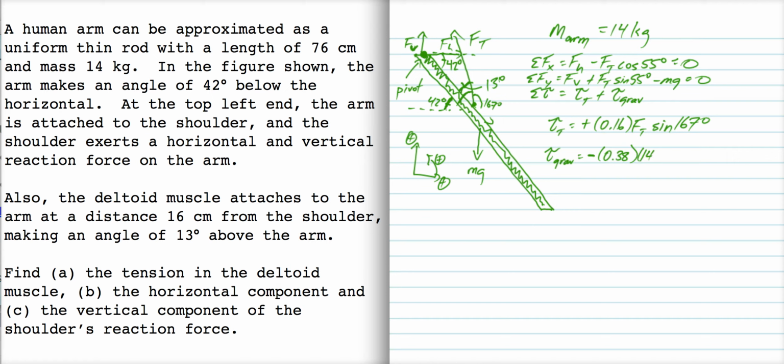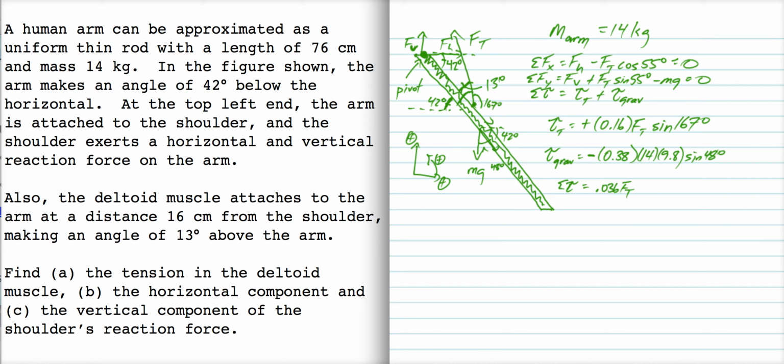Gravity is just 14 times 9.8. And then here's our r vector, pointing down like that, and that makes an angle of 42 degrees, and so the angle between gravity and my r vector must be 48 degrees. Sine 48.